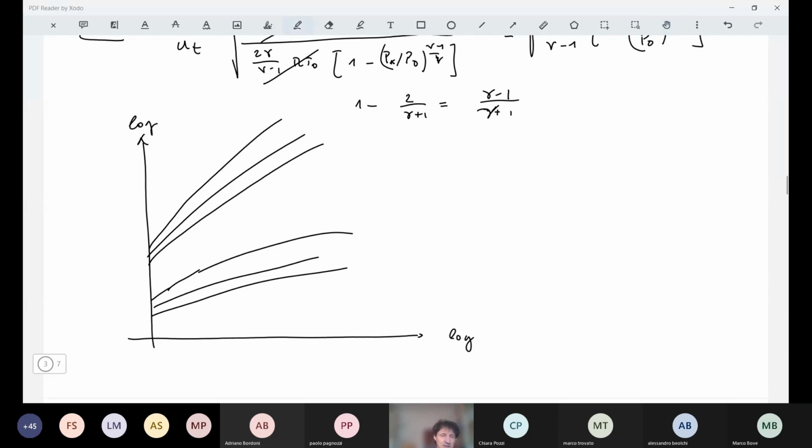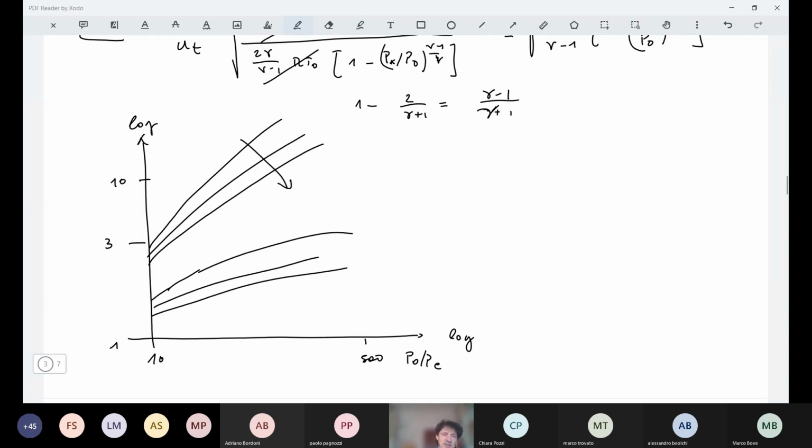On the abscissa we have P0 over PE, for instance from 10 to 500, and on the ordinates we have 1, let's say 3 and 10.